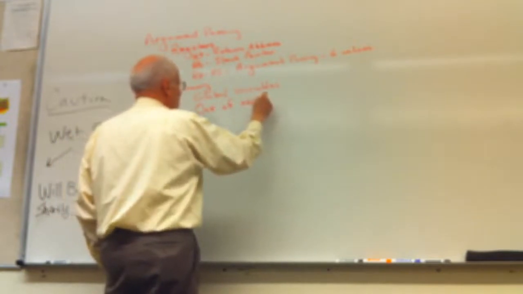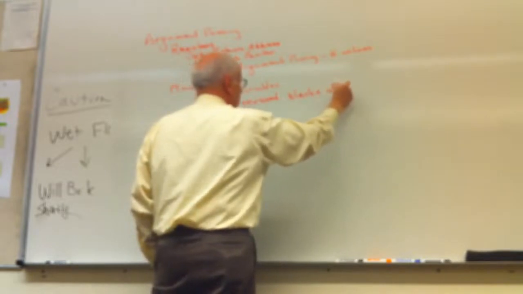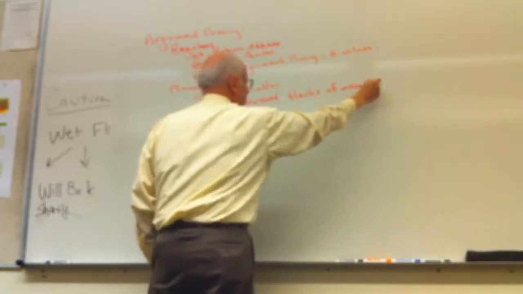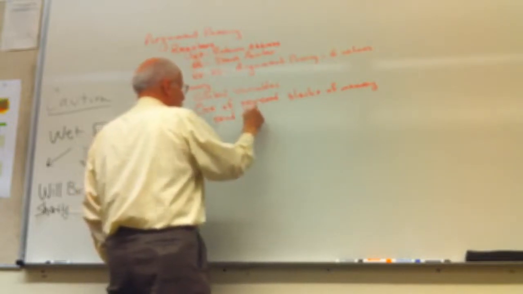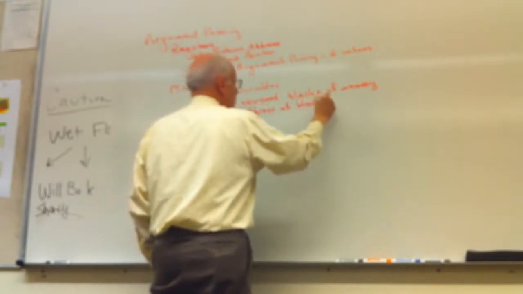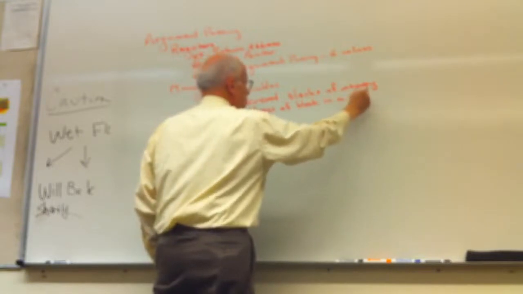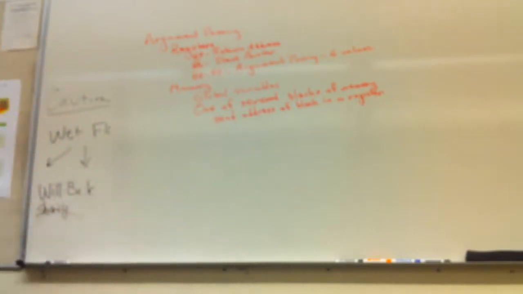One of several blocks of memory, and you send the address of the block in a register. Okay, are we beginning to sound like something that you might have seen before, like pass by value and pass by reference? That's really what we're talking about.